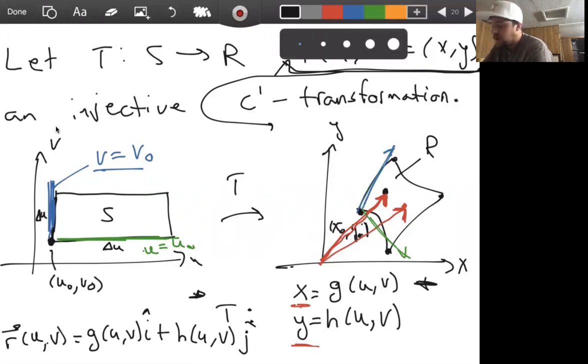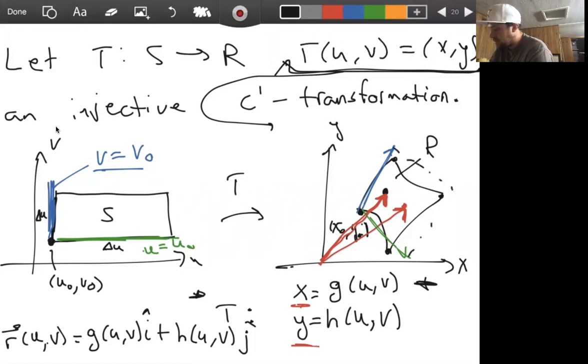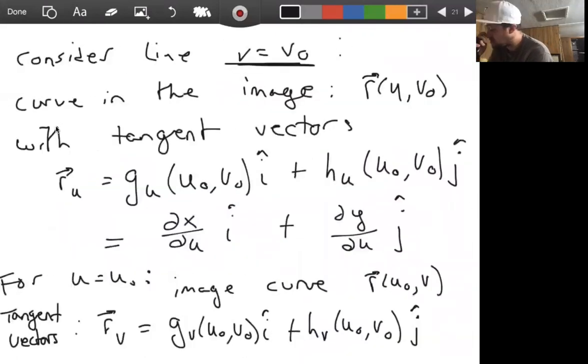And so here's what we want to do. We can see that this makes like a parallelogram. And this parallelogram could approximate the area of this rectangle R here. And so that's what we're trying to do. We're going to try to approximate the area of this region R by looking at the area of this parallelogram spanned with these sides here, given by the partial derivatives.